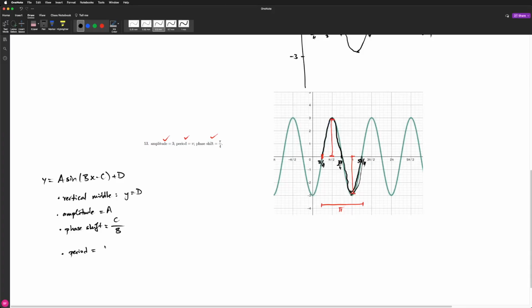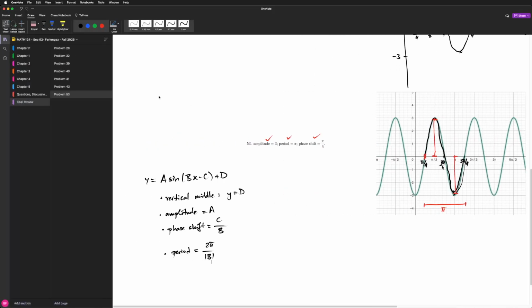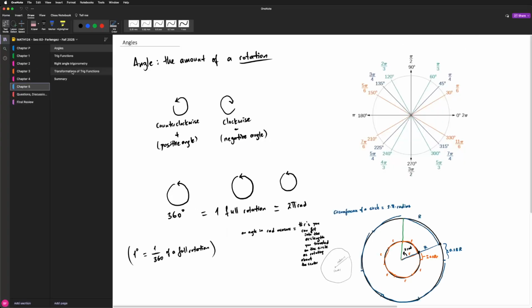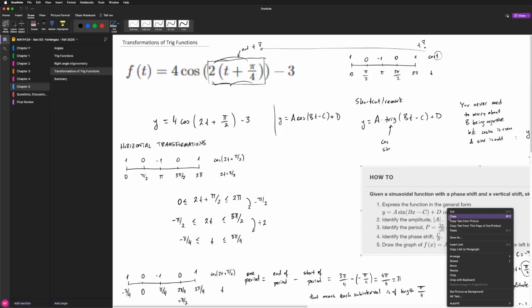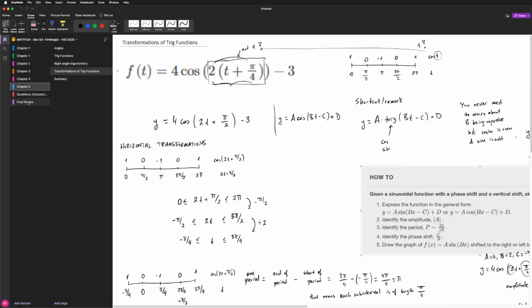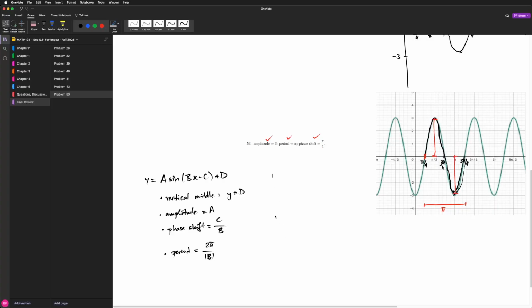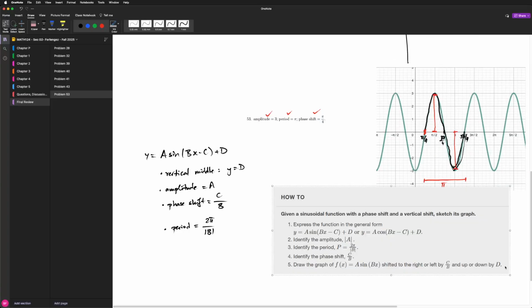And period would be 2 pi over absolute value of b. Well, in class, I did explain that you can always make b positive using the symmetry of sine. But let me just quickly go to the lecture notes and put it here.